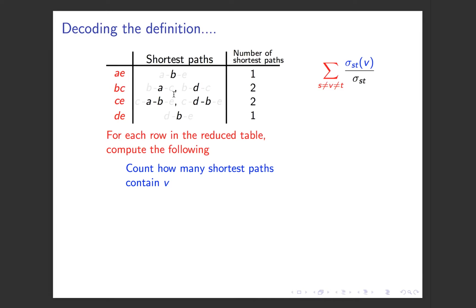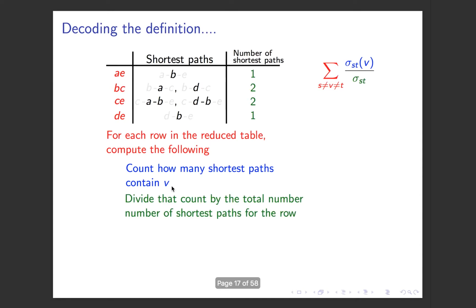First, for a given row, we're going to count how many shortest paths actually contain our node of interest. This is what this sigma st of v in blue is representing. Count how many shortest paths contain the particular node you're focusing on. We're going to take that count and divide it by the total number of shortest paths for that row.